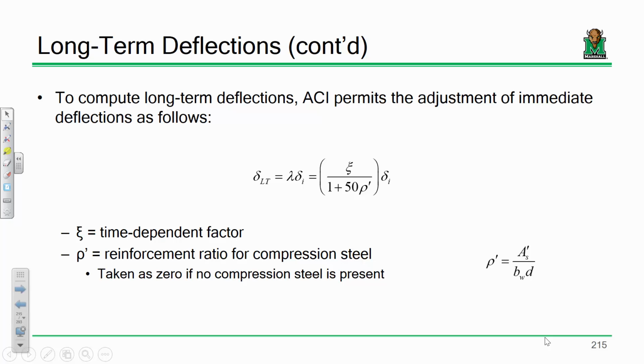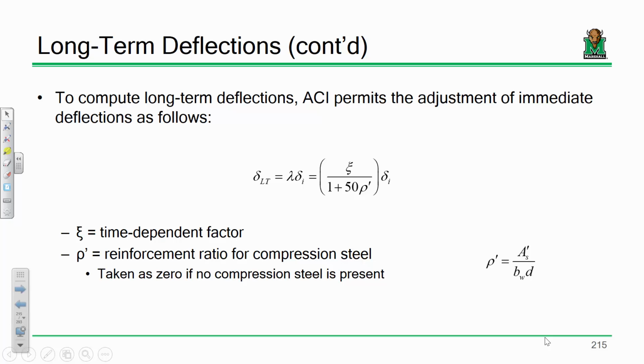Think about what's going to happen here. What happens if rho prime increases? Let's look at this equation here. What happens if your rho prime gets bigger and bigger? What happens to this quantity? Like this is algebra. If rho prime gets bigger, what happens to this fraction? It gets smaller.